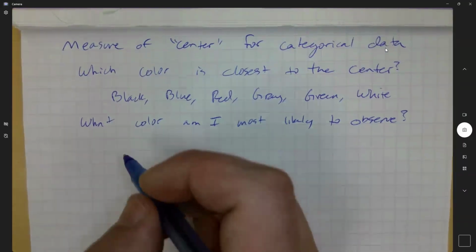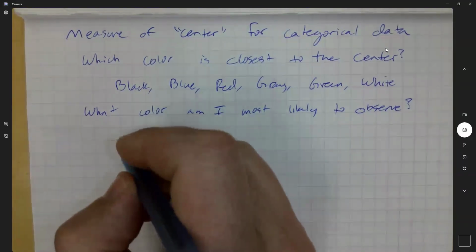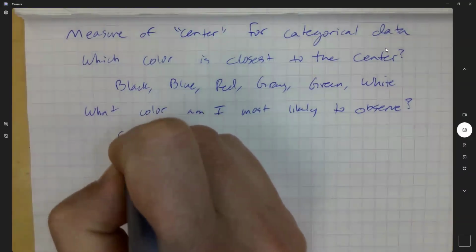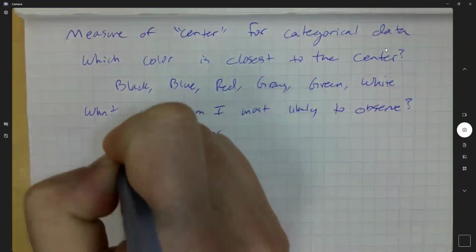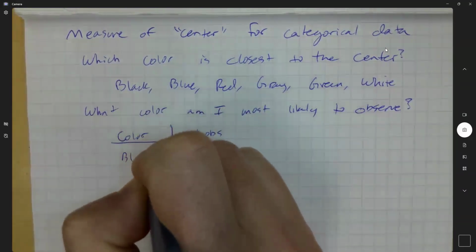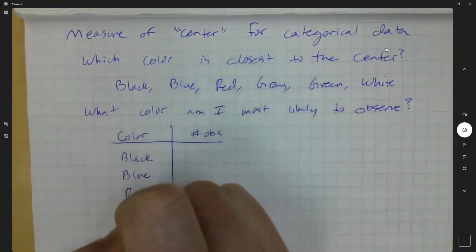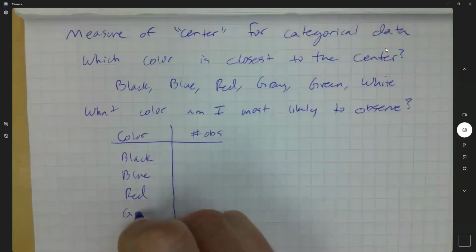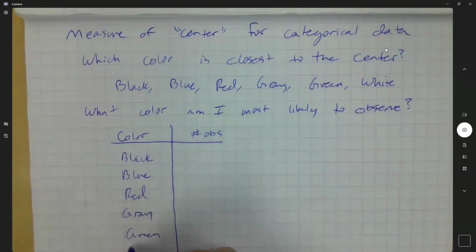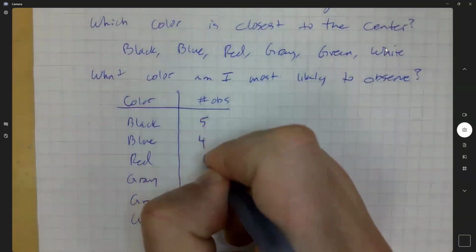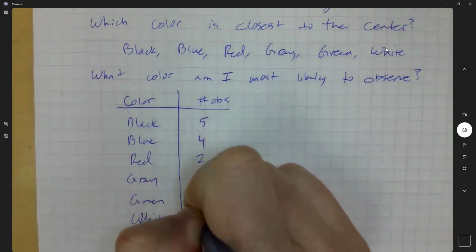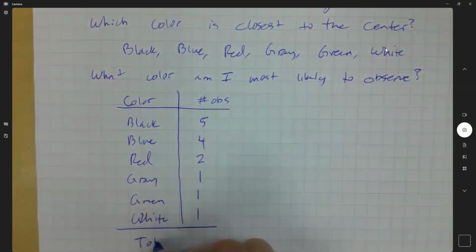Well, we had our frequency table, which I'm happy to draw again. We had our color here and a number of observations. Black, blue, red, gray, green, white. I'm drawing it again, but my handwriting is getting successively worse. 5, 4, 2, 1, 1, 1. In total, 14.